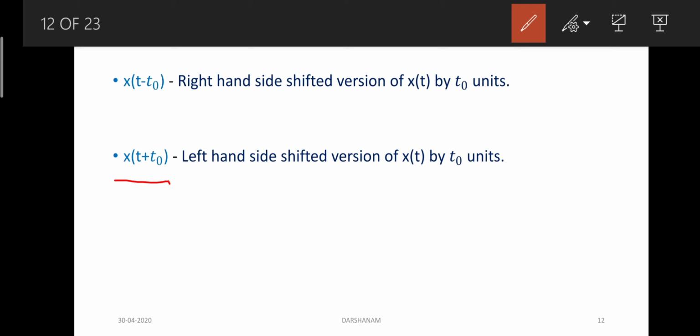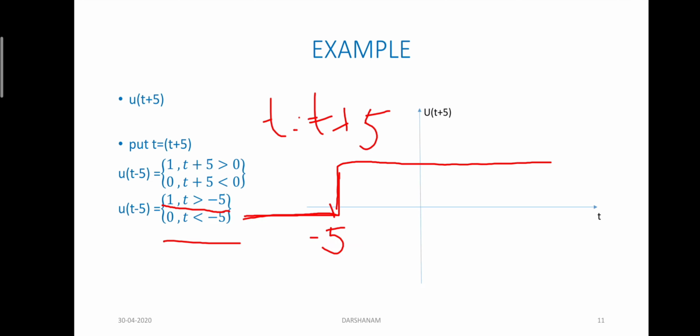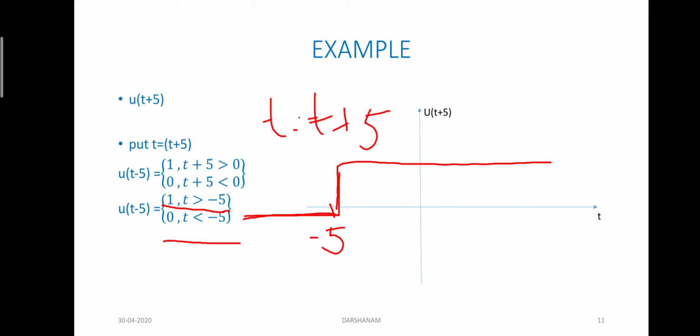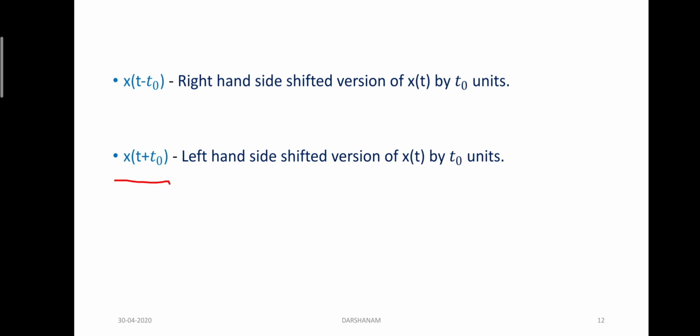We have shown that in the case of u of t minus 5, it is the right hand side shifted version of u of t, and in the case of u of t plus 5, it is the left hand side shifted version of u of t. We have seen the shifted versions of u of t.